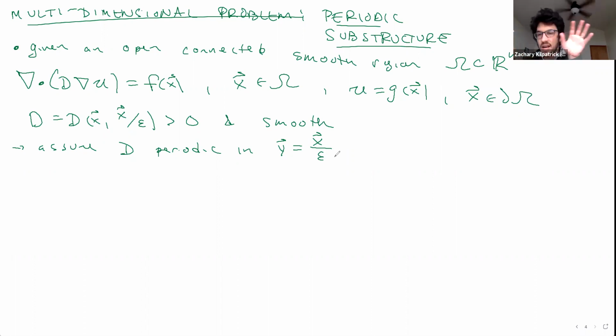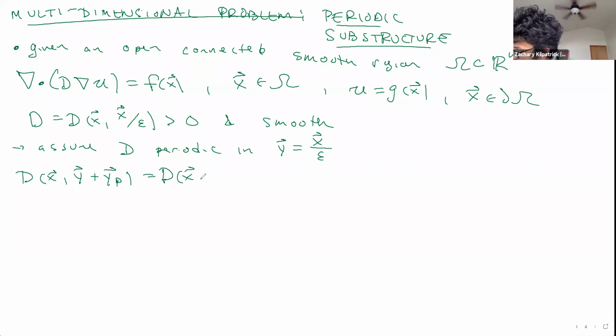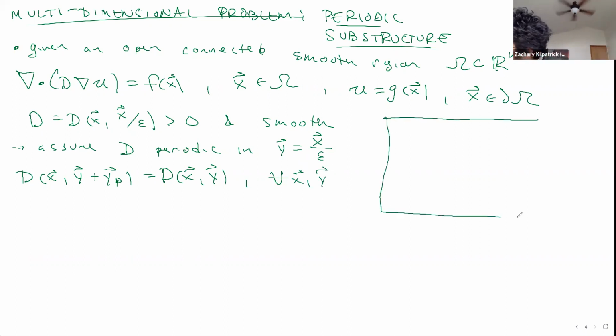Maybe you have some synthetically made material that's made with some periodic two or three dimensional structure or something like that. And so the idea is that D(x, y plus p) is going to equal D(x, y), where p is going to represent your shifts along which you see this periodicity.